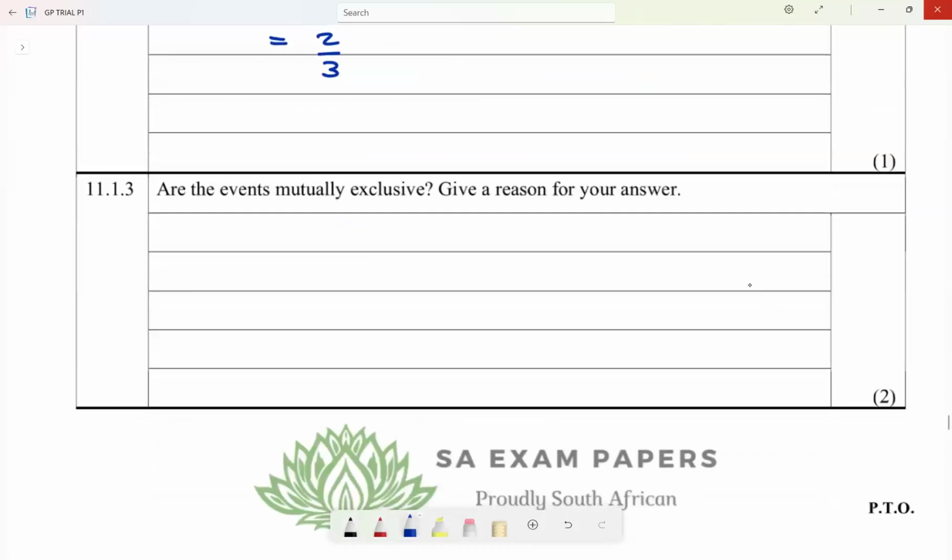Are the events mutually exclusive? Remember, events are mutually exclusive when the probability of A and B is equal to 0. But in this case, you have 3 events, so I'm going to just add C: the probability of A and B and C is equal to 0.